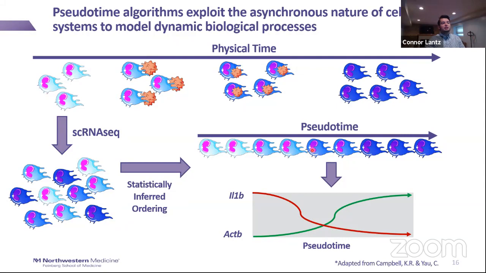Within this, you're able to determine the expression of the gene through each of these cells. This gives you a plot of your gene expression as a function of pseudotime. Thus, this is a really powerful way to understand the dynamic changes of gene expression for a specific biological process.